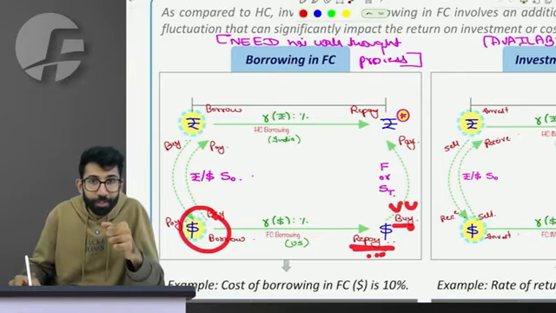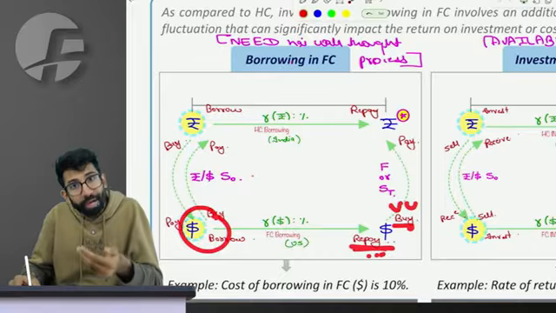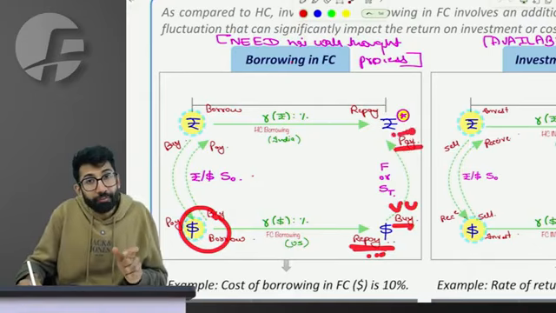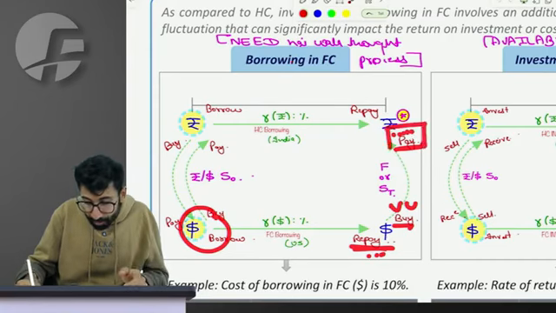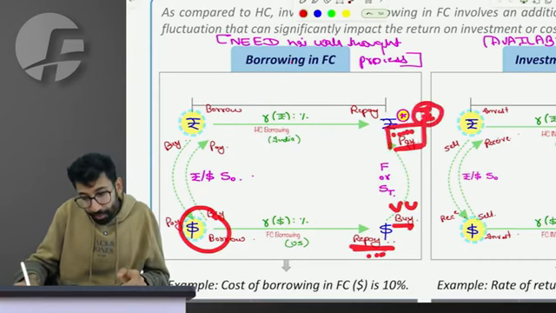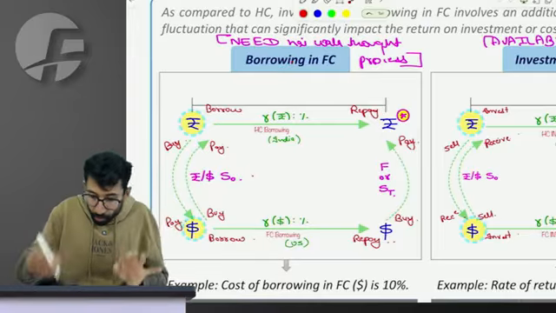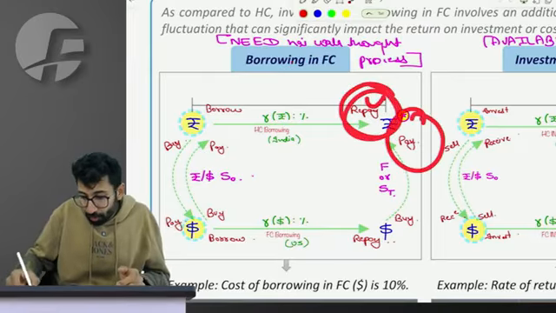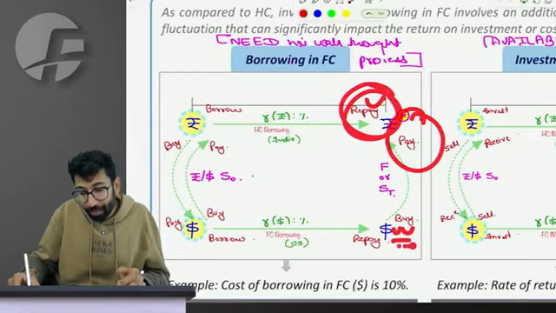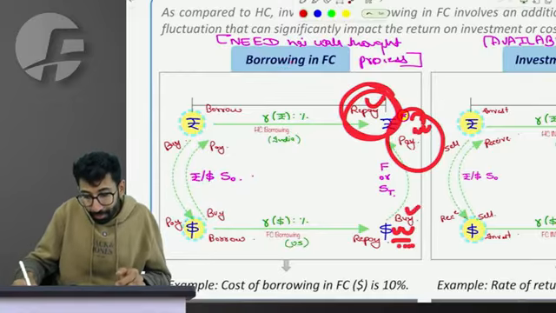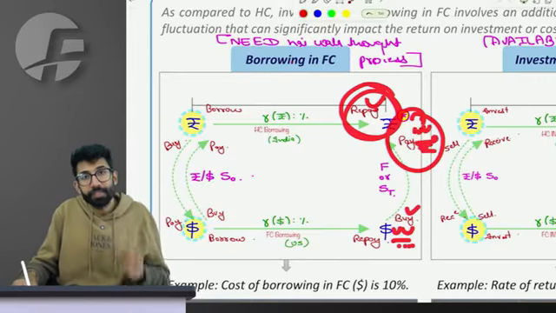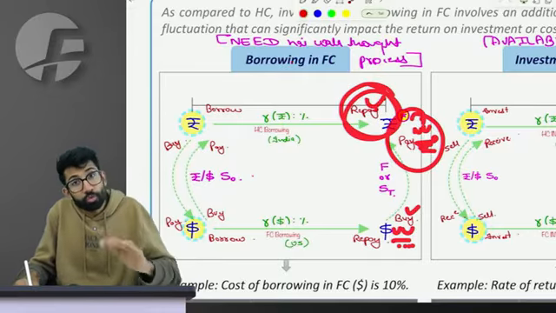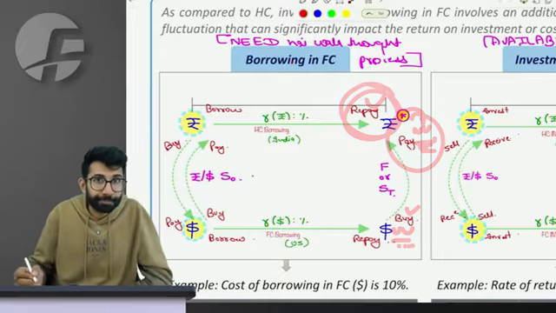You will need to buy dollar, and to be able to buy the dollar, you will have to pay the rupee, which is ultimately your home currency rupee outflow. So one is rupee outflow when you pay to the Indian bank directly, another is rupee outflow when you have to pay to the foreign bank in dollars, but you'll have to buy the dollar to pay ultimately rupee. Home currency is very important. In home currency, whichever option leads to a lower outflow, that is a better option.